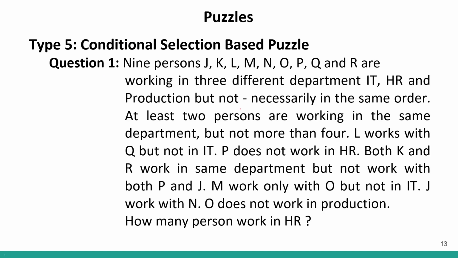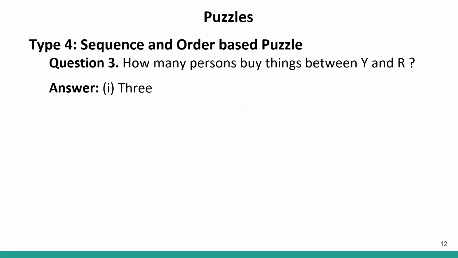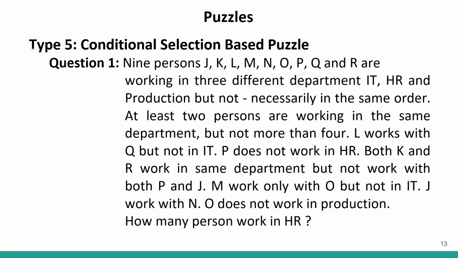So this was your questions on sequence and order based puzzles. Then we have type 5, which is conditional selection based puzzle. Based on this puzzle, I might have 3 questions and we will answer them. Now, 9 persons are given and they are working in 3 different departments: IT, HR, and production, but not necessarily in the same order.